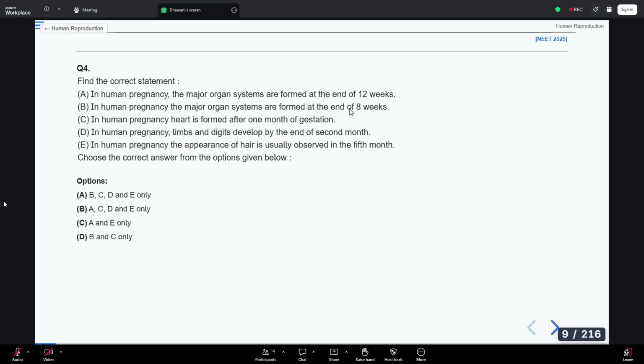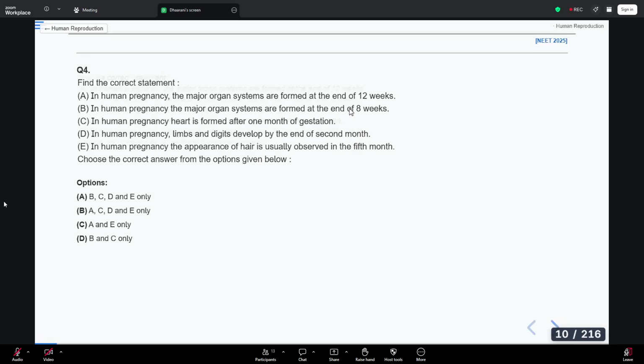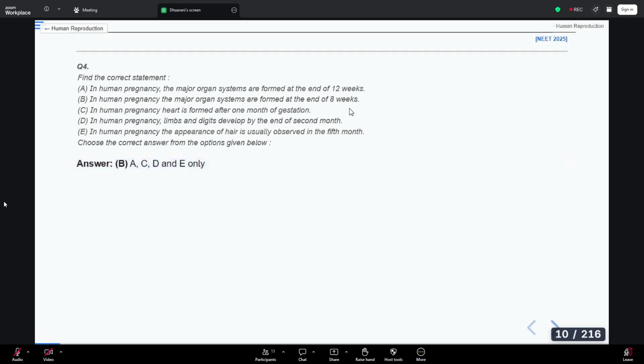In human pregnancy, the major organ systems are formed at the end of 12 weeks. Okay. Then in human pregnancy, heart is formed after 1 month of gestation. Then D and E: in human pregnancy, limbs and digits develop by the end of second month. In human pregnancy, appearance of hair is usually observed in the 5th month. Okay. Let's see the answer now. So the answer is option B.